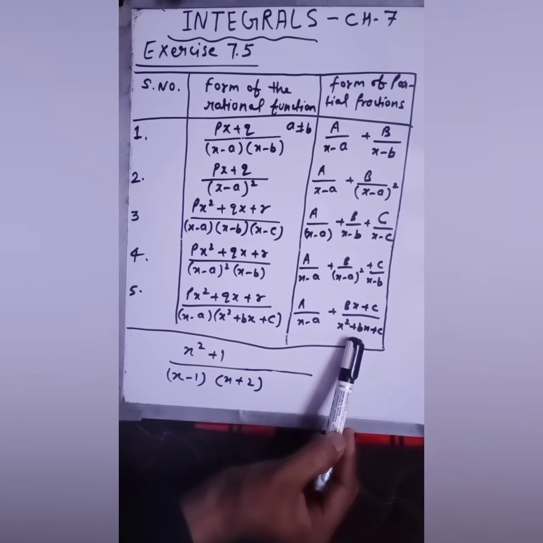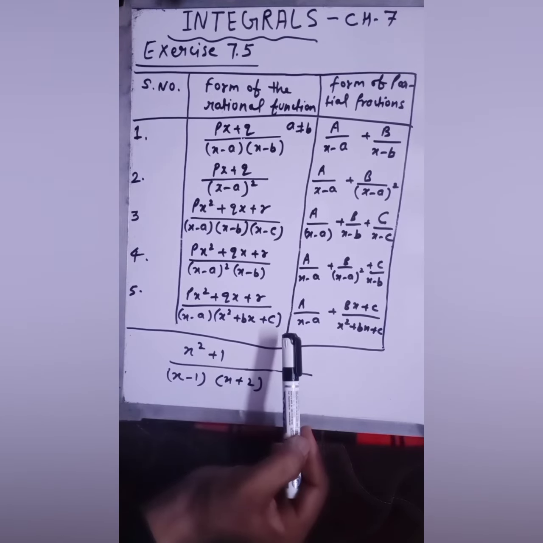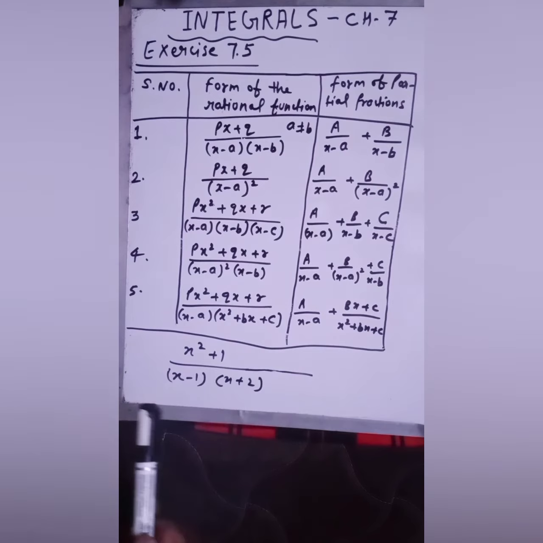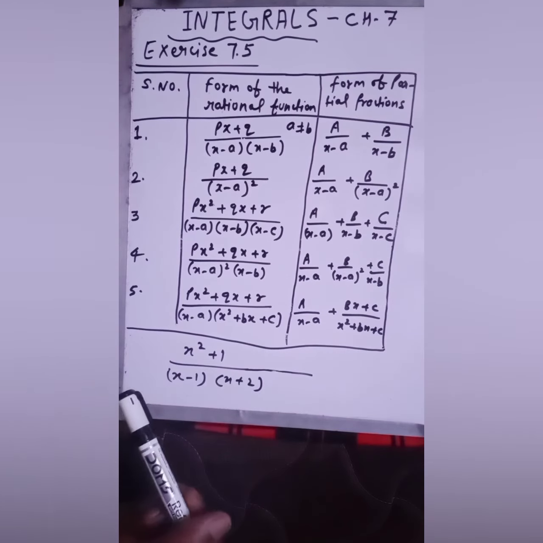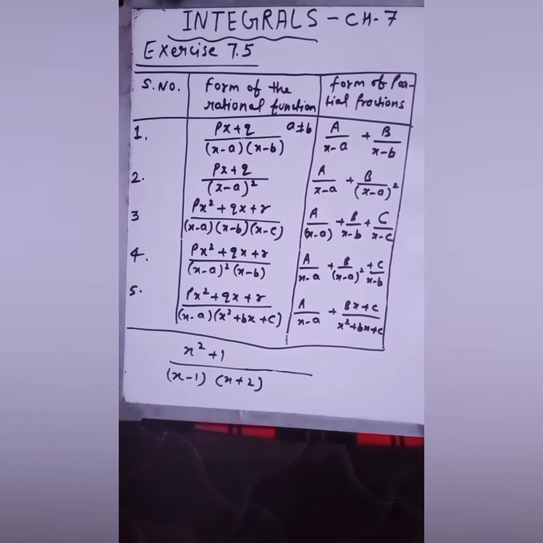So these are the basic formulas which you will apply in this exercise. Got it? Now I am going to solve question number 1 of this exercise, and I will tell you which formula you are applying. So just learn all these first of all.